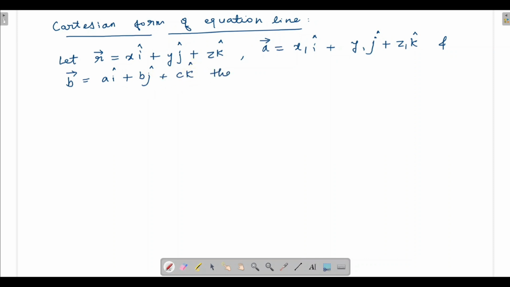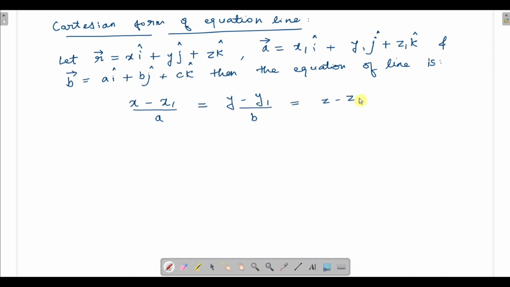Then the equation of line is this: x minus x1 by a equal to y minus y1 by b equal to z minus z1 by c. So this is the equation of line in Cartesian form.